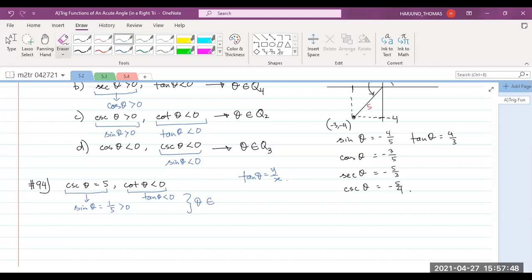R is always positive. So which quadrant is it such that x and y have opposite signs, but the y is positive? Oh, that must be in quadrant 2. Okay. The y is positive, must be 1 or 2. Right? But the x and y must be opposite sign, and must be this one.